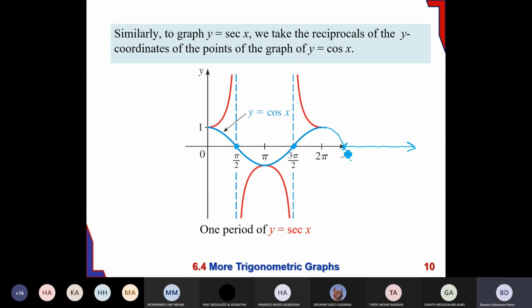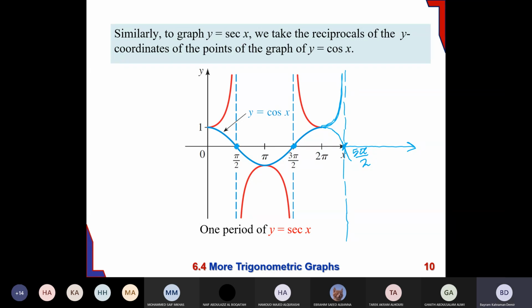So this number is 5 pi over 2, right? So I can sketch another asymptote here, you see? And it becomes a parabola, right? And the parabola will complete just like before.